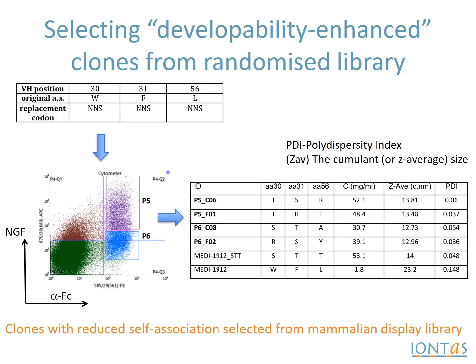Okay, so here we've gone to the same three positions that the MedImmune paper described, amino acid positions 30, 31 and 56 on the VH gene, and we replaced the original hydrophobic codon with a randomization codon, 32 different codons encoding 20 amino acids.